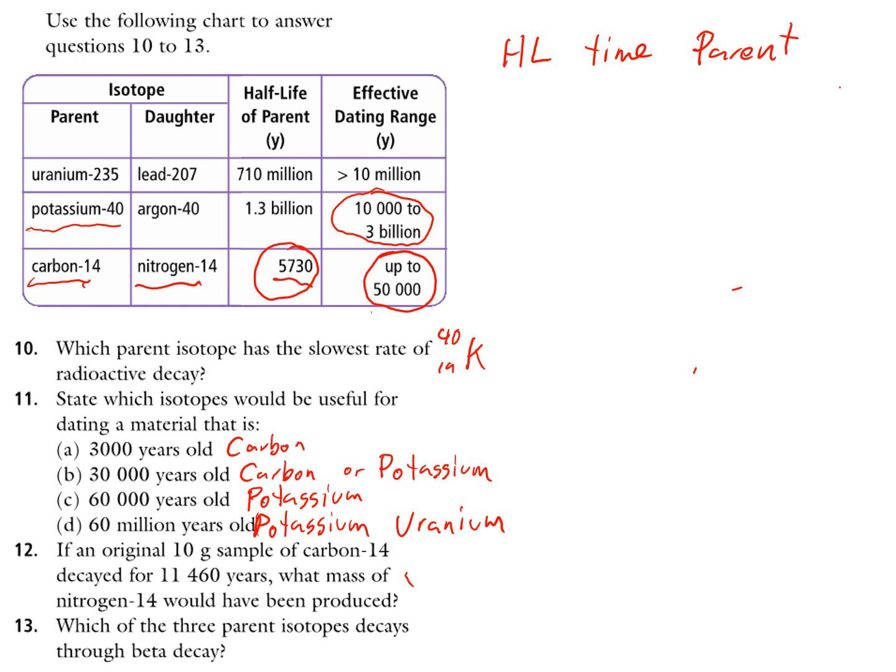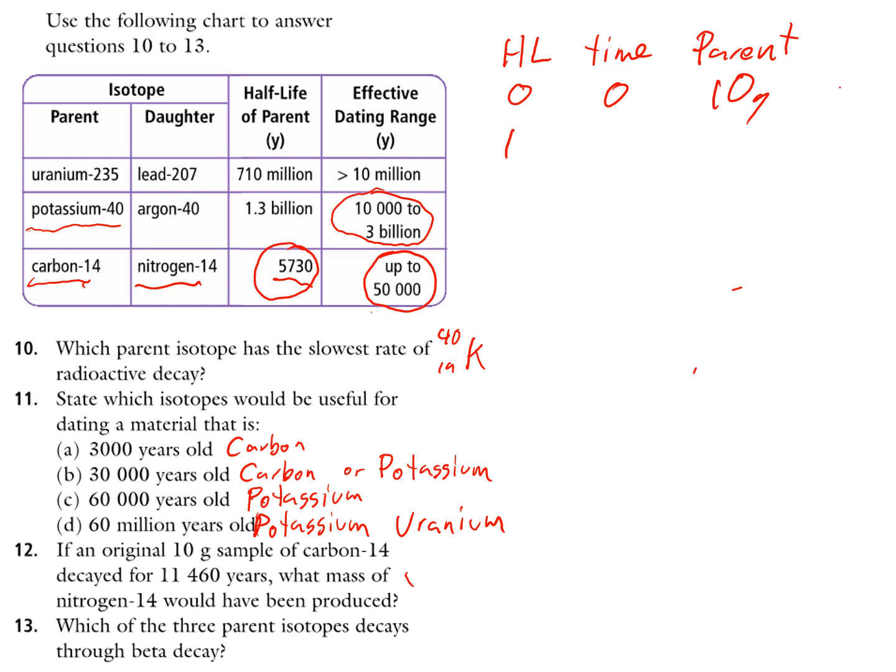Sometimes I put the daughter on here, and sometimes I don't. It depends if it asks for it. This one's not asking for it, so I'm not going to bother writing the daughter. You always start with 0 half-lives and 0 time. And then it says we start with a 10-gram sample.